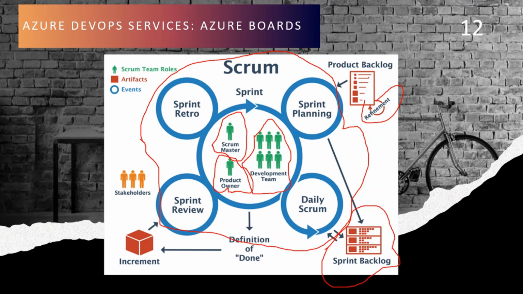Once you start with this scrum, by the end of 2, 3 sprints, you can estimate how many tasks, how many points your team can finish. So that's why you keep improving using your sprint retro, and you keep changing it.